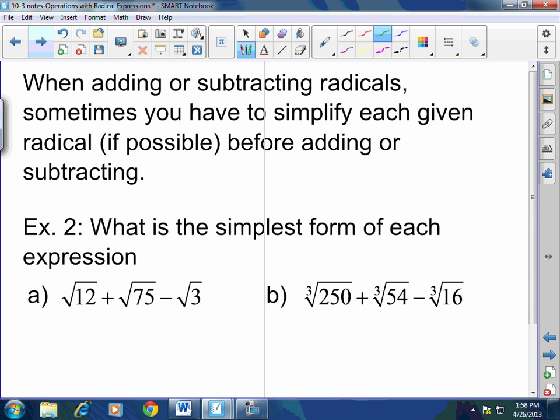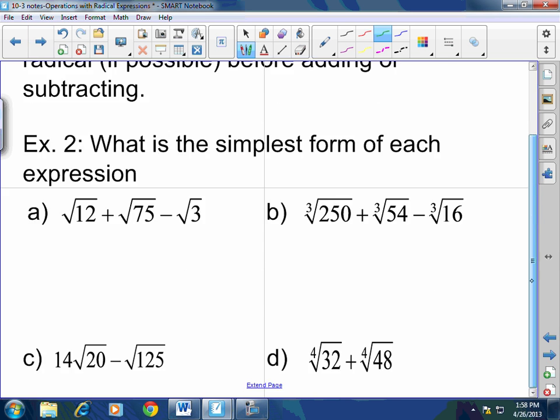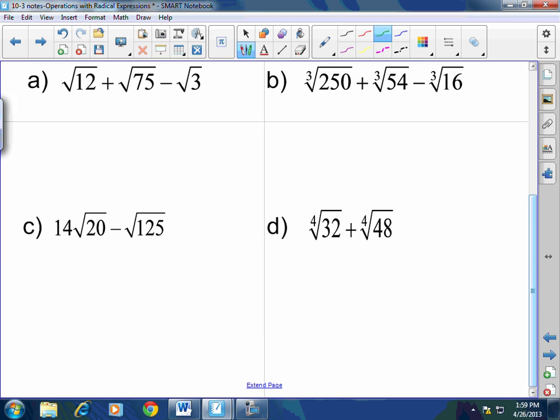Awesome. When adding or subtracting radicals, though, sometimes you have to simplify each given radical, if possible, before adding or subtracting. So sometimes you're going to say, wait, whoa, I don't like this. You can't add these, Mr. Morrow. Yes, you can. Maybe. Let's see if you can.